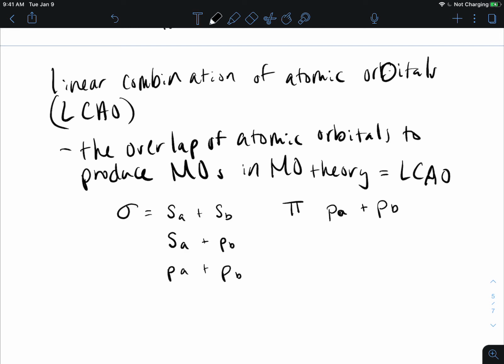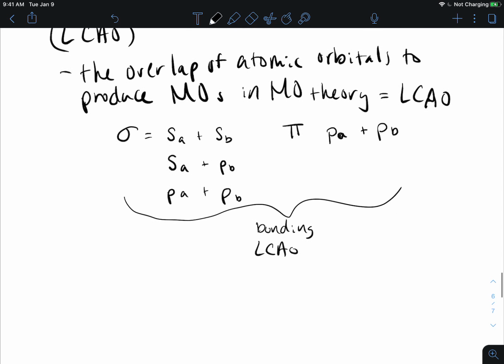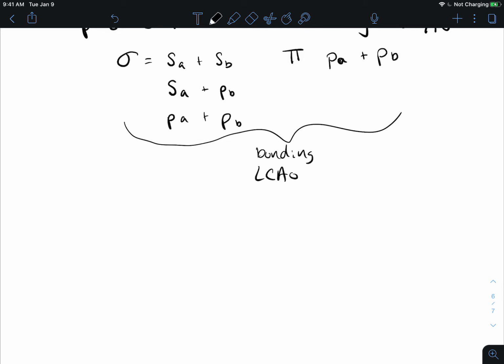And these are our bonding linear combination of atomic orbitals. Then our antibonding: to produce our sigma star, we have to subtract those atomic orbitals. So Sa minus Sb, or Sa minus Pb, or Pa minus Pb.